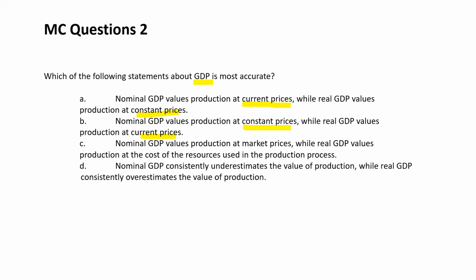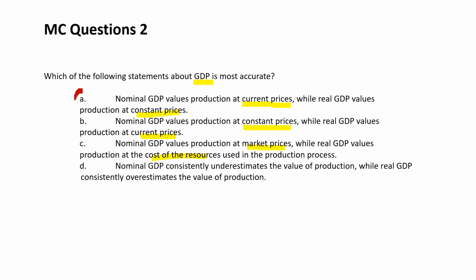C. Nominal GDP values production at market price, while real GDP values production at the cost of resources used in the production. And D. Nominal GDP consistently underestimates the value of production, while real GDP consistently overestimates the value of production.